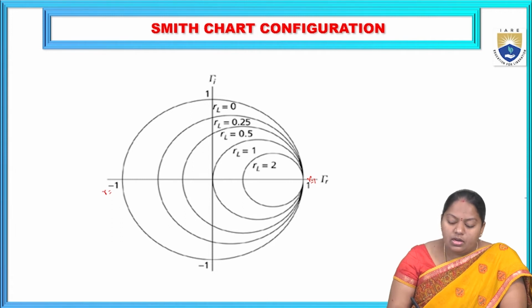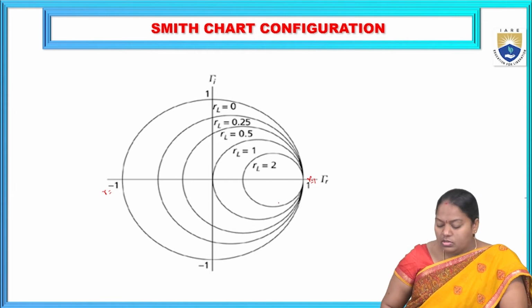Now if we keep on increasing the value of r by 1, 2, 3, 4, 5 and so on, then the radius almost approaches 0. This is the change we will be observing. For r equal to 2, then r equal to 1.5, 0.5, then RL equal to 0, for different values of R resistances, we will be drawing different constant resistance circles.